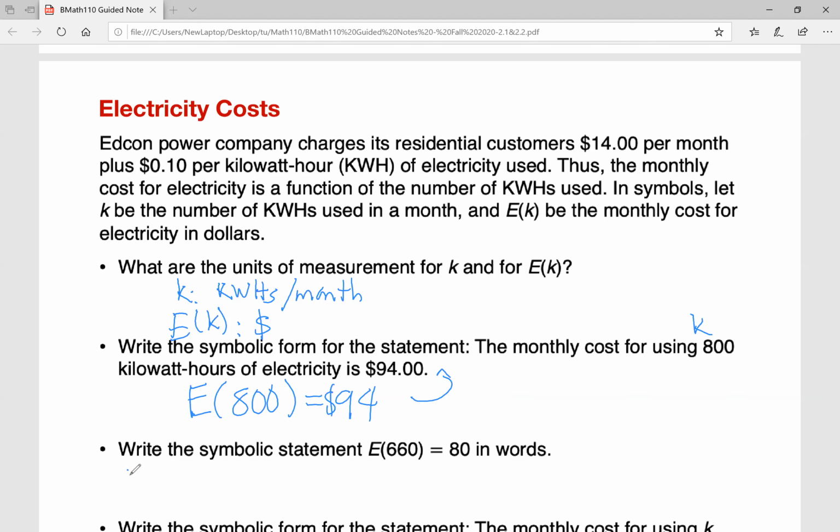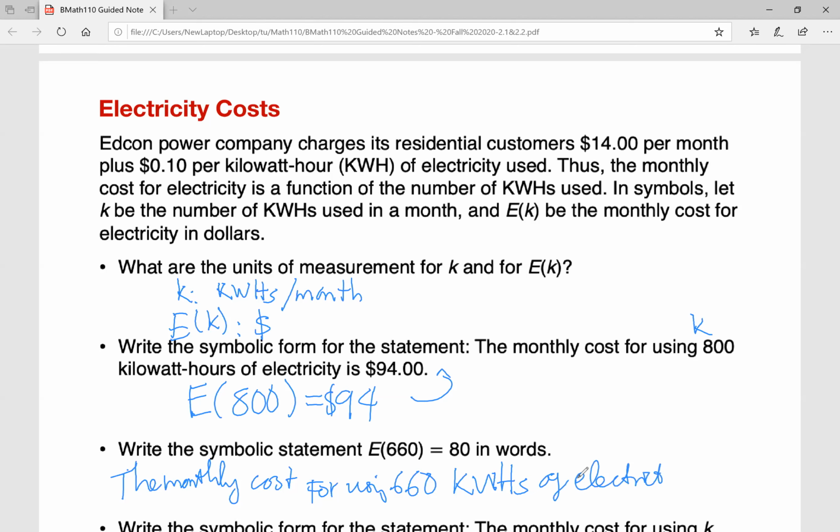So it's going to be the monthly cost for using 660 kilowatt hours of electricity is $80.